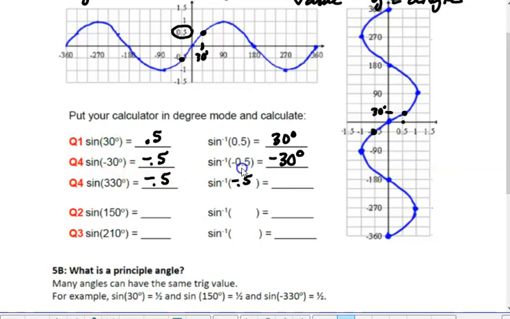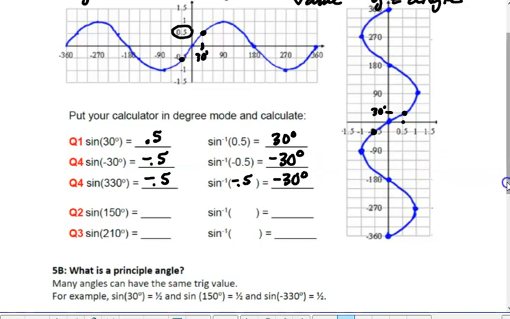The calculator isn't going to give me two different angle answers. It's only going to give me one answer because it is a function. So this is still -30. I don't get 330. I get -30. I just did it on my calculator. There's no way I get two different answers.